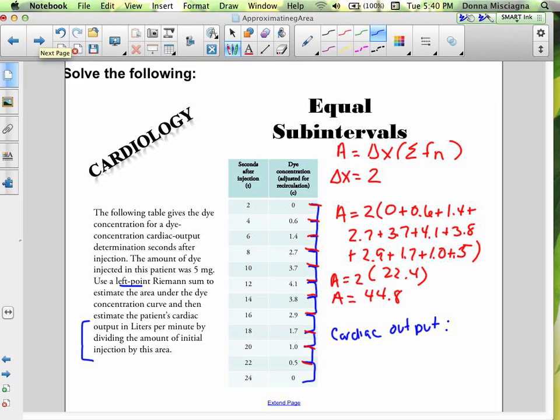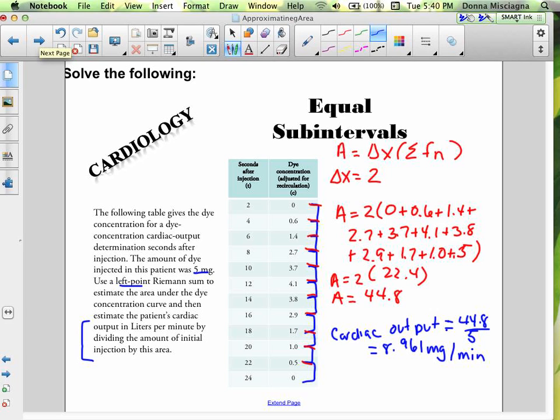So the cardiac output would be equal to, we take the 44.8, the area, and it said to divide it by the starting value. And it said we started off with 5 milligrams. So this would be our answer in milligrams, 8.961 milligrams per minute. And they did say liters, right?